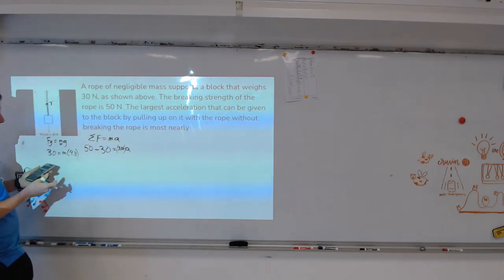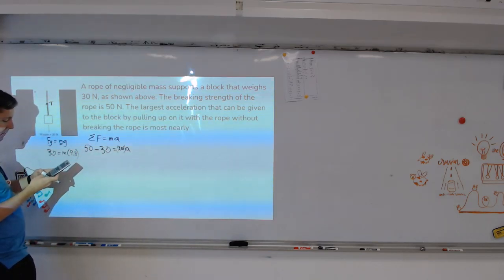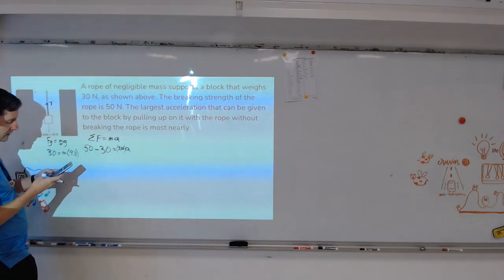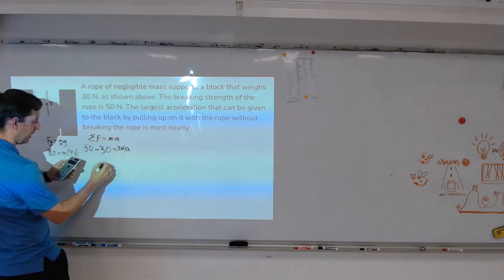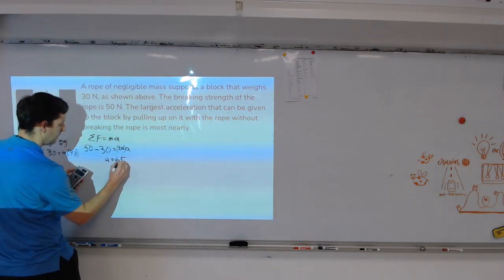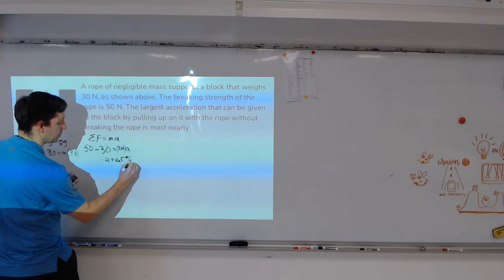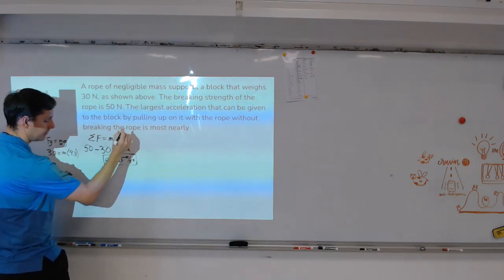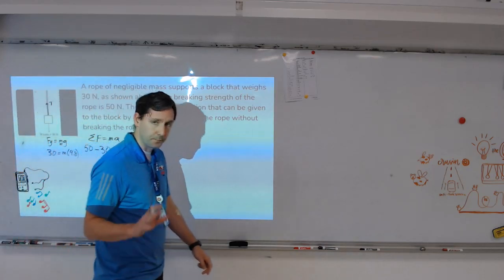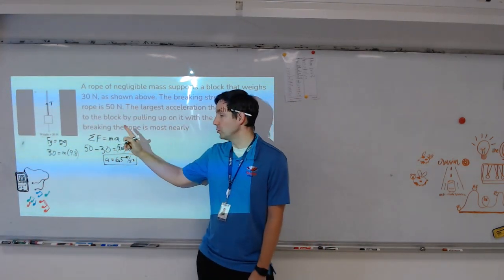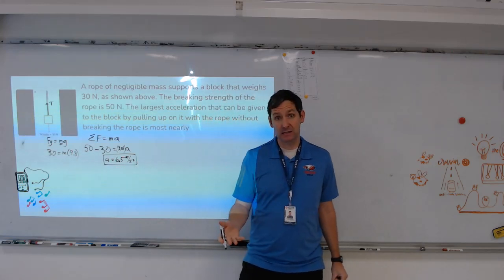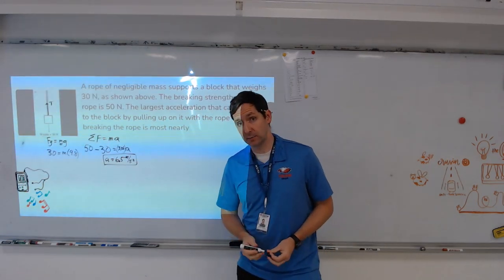And so from that point, I just do 50 minus 30, and then I divide by that 3.06, and I get an answer that my acceleration is 6.5 meters per second squared. There's your acceleration. All right. Be careful. Remember, newtons is force, so that would be the mg. And then mass would always be the kilograms that you get from that.